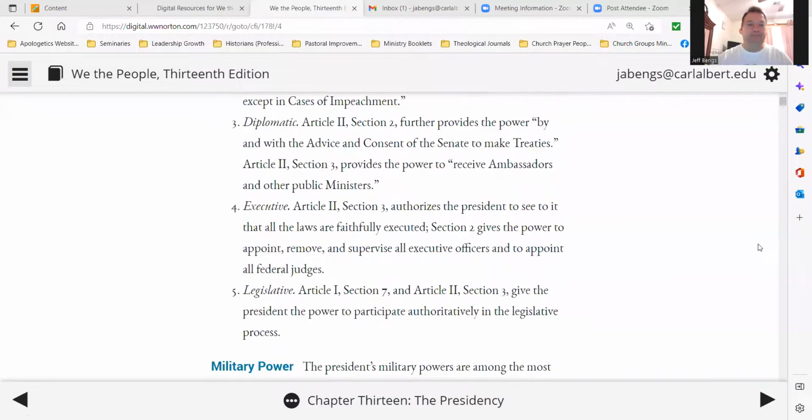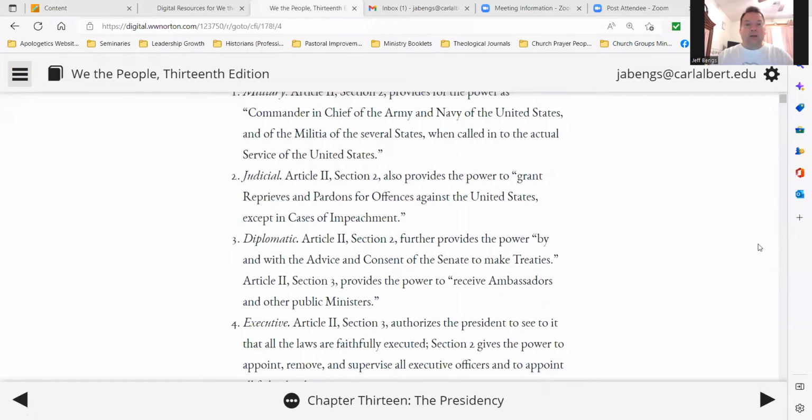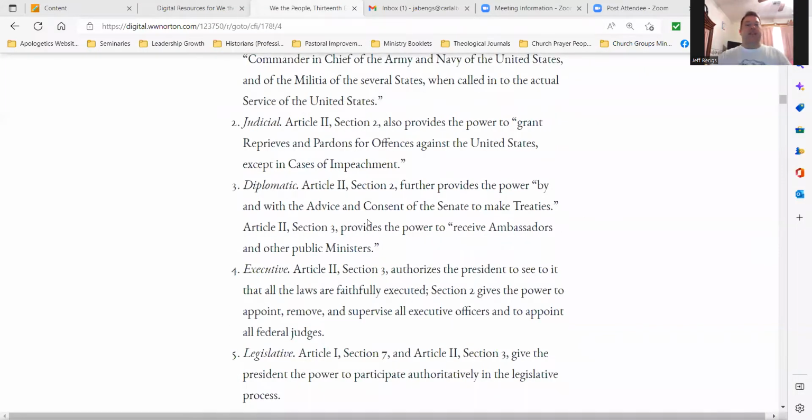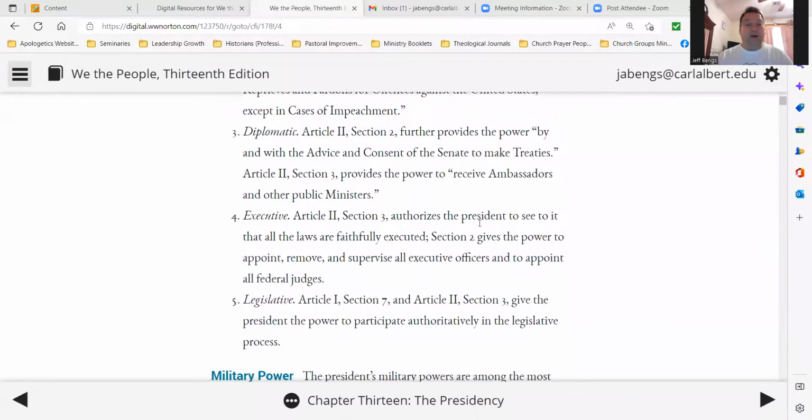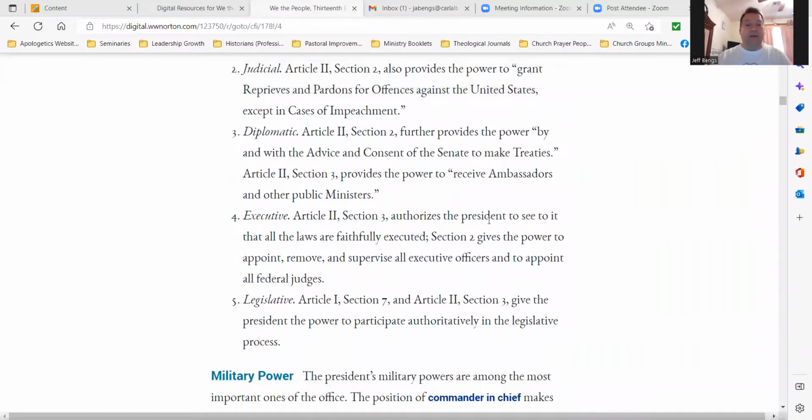All right. And within that function as the chief diplomat, he receives ambassadors and other public ministers from other nations. Of course, being the executive branch, he has a category of executive powers.